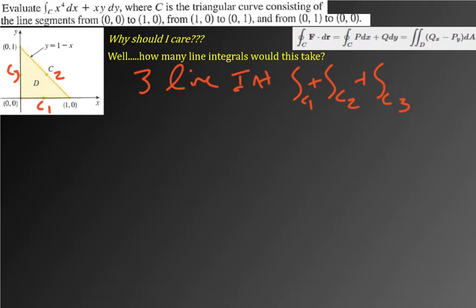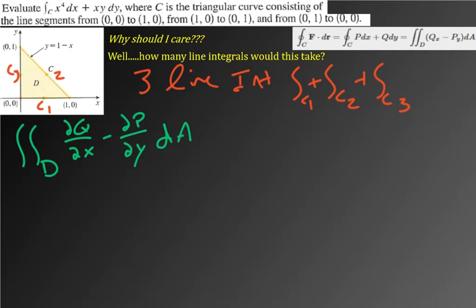What we can do is just use Green's. Maybe I'll do it in green because of that. And we're just going to do the double integral over D of partial of Q with respect to X minus partial of P with respect to Y dA. You identify Q, and we have to identify P, that is important.